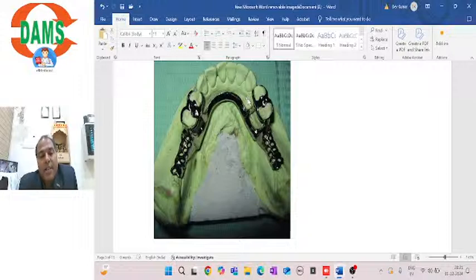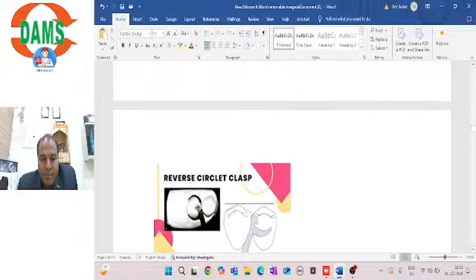So the clasp here is embrasure clasp. It is difficult to fabricate, difficult to adjust, it might break or distort. Okay, you have to create more space on the labial aspect, between two teeth and the lingual aspect, है ना? So you have to be careful while giving these clasps, embrasure or modified crib clasp.